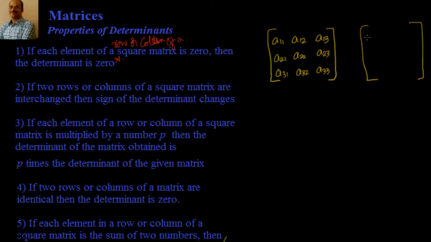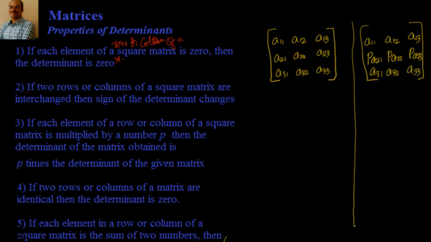Let us say that I will multiply the second row with it. So what happens now? The first row A11, A12, A13 will remain as it is. The second row I am multiplying with p, so it becomes pA21, pA22, pA23. Then you have A31, A32 and A33.